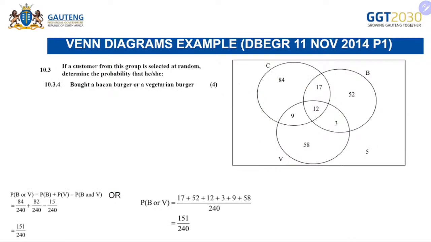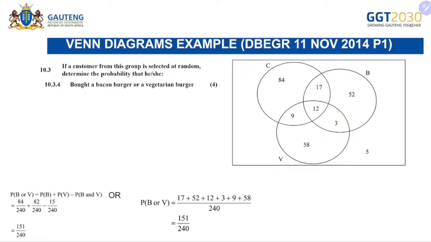Now, both a bacon burger or a vegetarian burger, you are able to see that it's an or, bacon burger or vegetarian burger. So we can use the numbers that we are having where we are saying it is the probability of V plus the probability of B minus the probability of B and V, and you're able to see that.